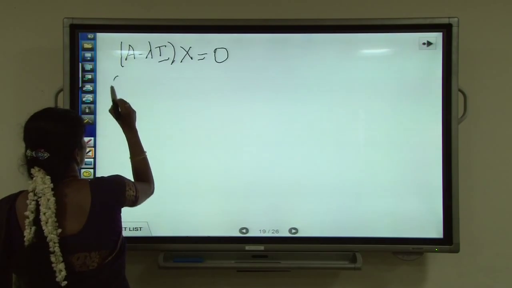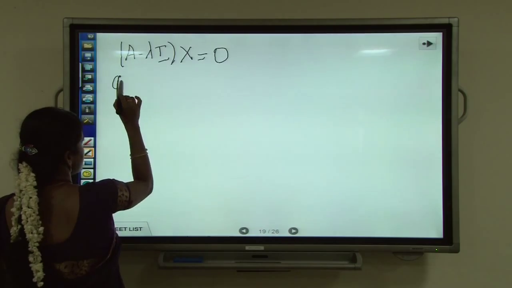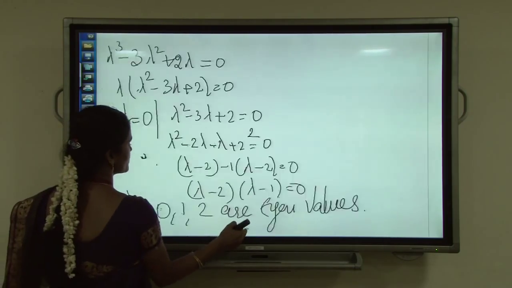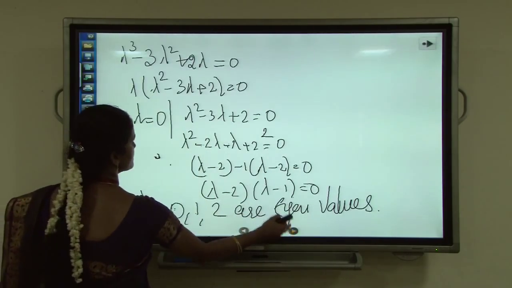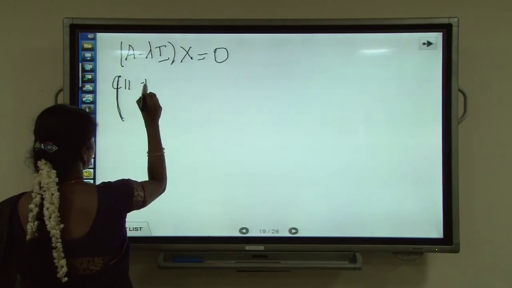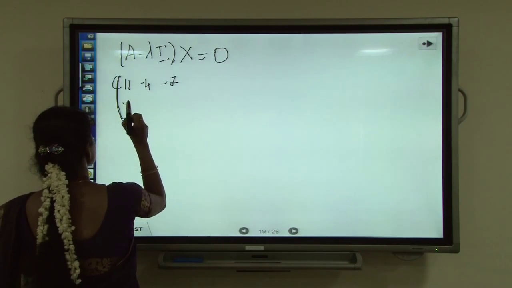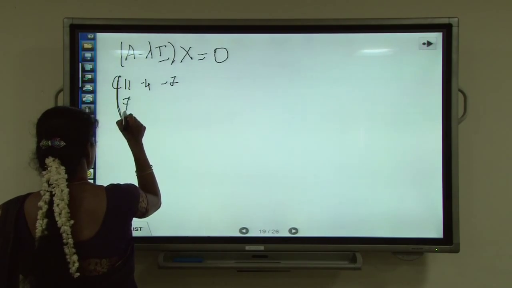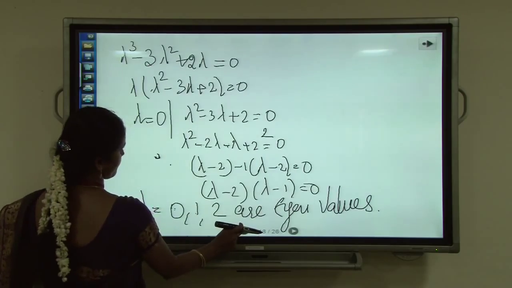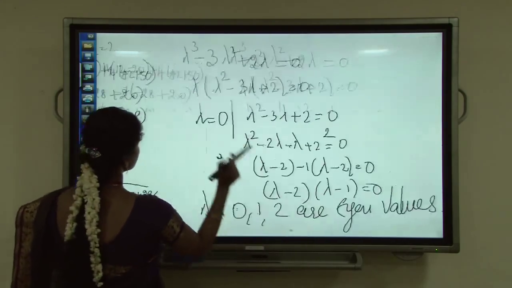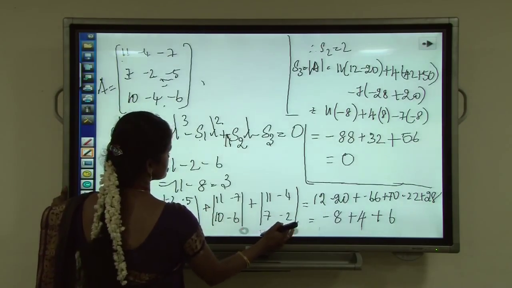Fine. So, what is A minus lambda I? Let us find. It is going on to the previous pages. It is 11 minus 4 minus 7. This is minus just 7. Minus 2 minus 5. 10 minus 4 minus 6.